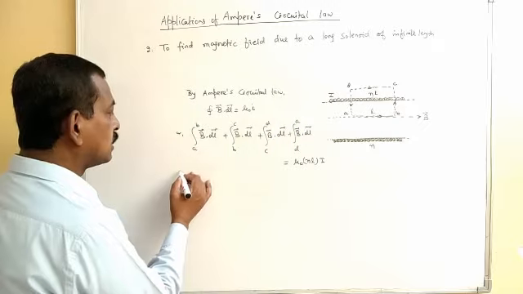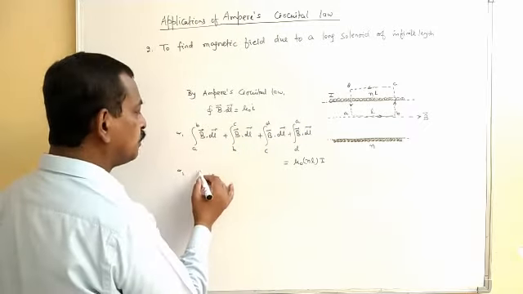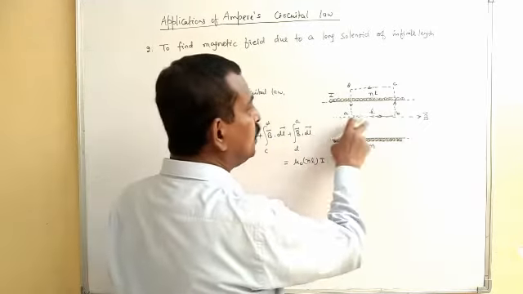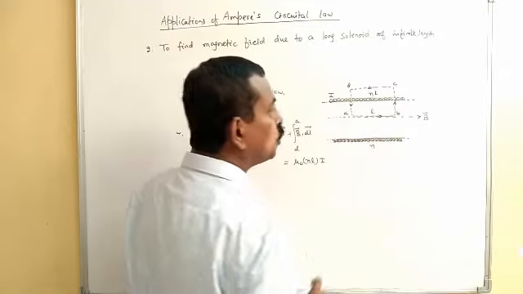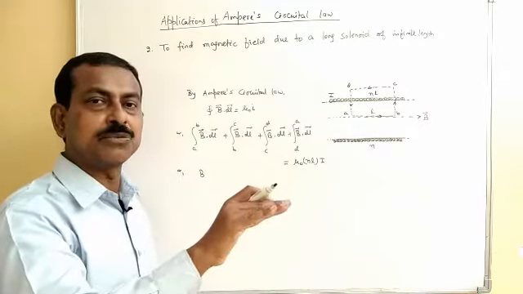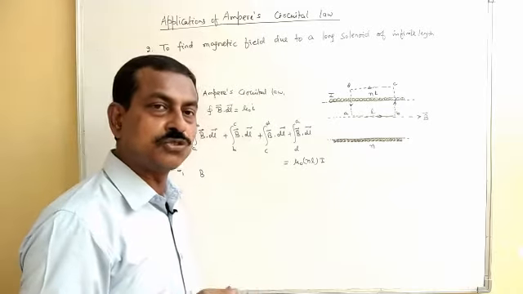So now let's take the left hand side terms. B is from left to right. We are also moving from A to B in the same direction as the magnetic field. So the angle between the two is 0 degree.